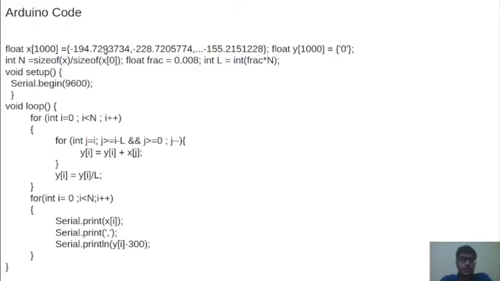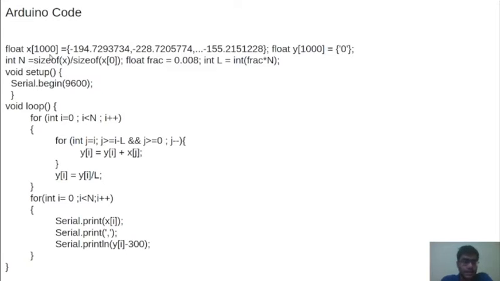So this was the Arduino code which we used that day to get the desired outputs. This is the input which we were given. There were 1000 samples. I have shortened it so that the slide doesn't become messy. So there are 1000 samples inside this bracket, and this is the y1000 which we are initializing as 0.